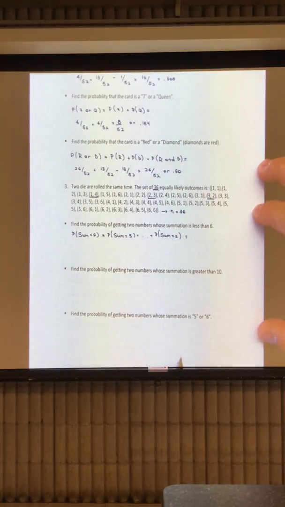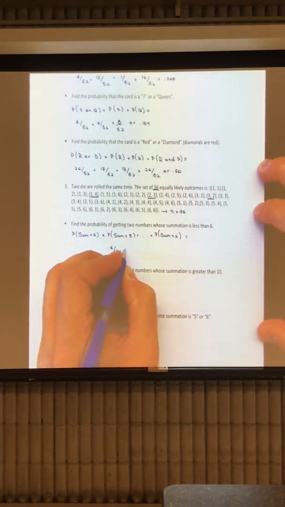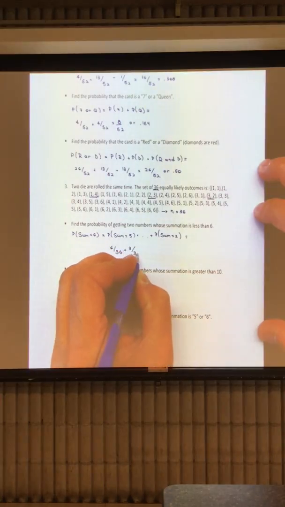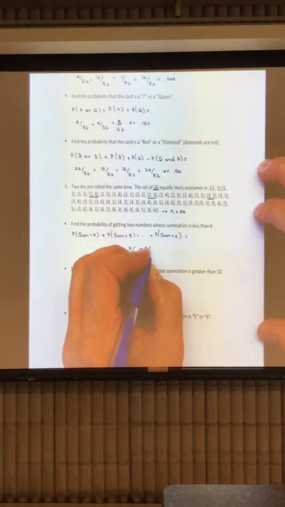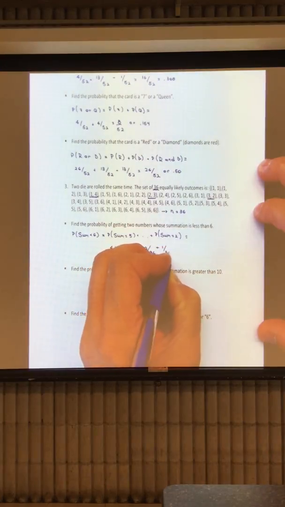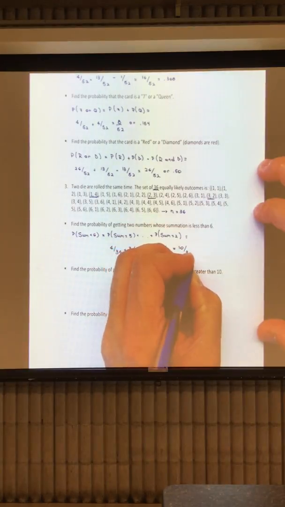So in this case, the probability to have a summation of 5 will be 4 over 36, plus the summation to be equal to 4, 3 over 36, plus 2 over 36, plus 1 over 36. So this is the same as 10 over 36.